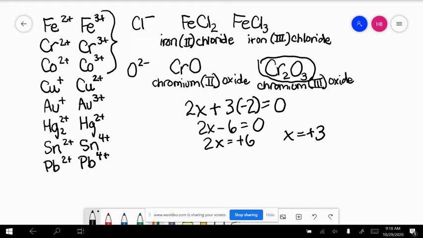Let's do an example of 4. That's the only one we haven't done. So lead, if I were to go with an anion that is a -2, lead +2 would go 1 to 1. So this would be lead 2 sulfide.